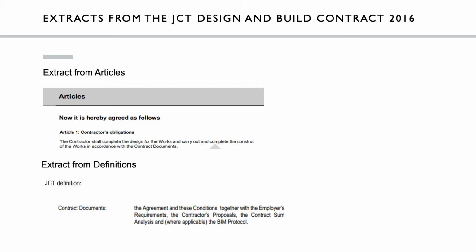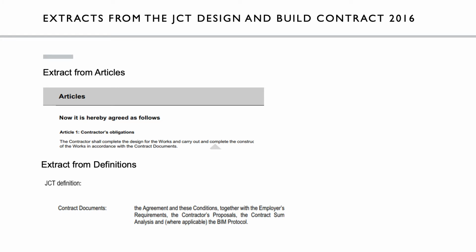The definition varies slightly from contract to contract, but essentially it includes the JCT agreement, which comprises the recitals, articles of agreement and signature pages, the contract particulars, the contract conditions and the technical documents, including the pricing document. In the case of the design and build contract, when I talk about technical documents, I mean the employer's requirements, the contractor's proposals and the contract sum analysis. And if you are using one, the BIM protocol. Brad will speak in more detail shortly about the elements that form the JCT agreement.